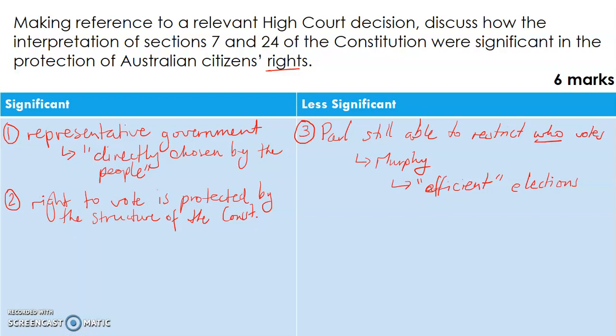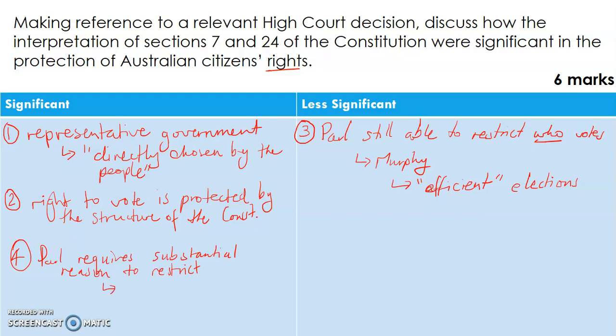Nonetheless, so I'm going to bounce back here to why it was significant. Parliament can only place restrictions if they can give a substantial reason. So Parliament requires a substantial reason to restrict who can vote, or to place any restriction on the right to vote.